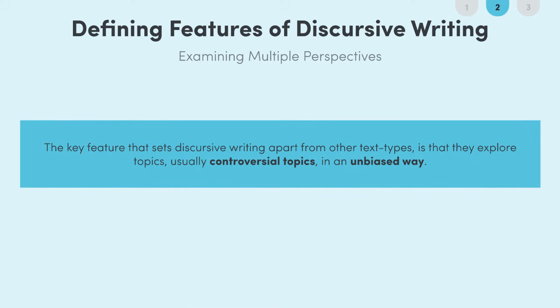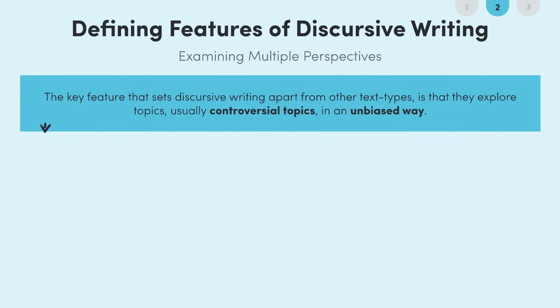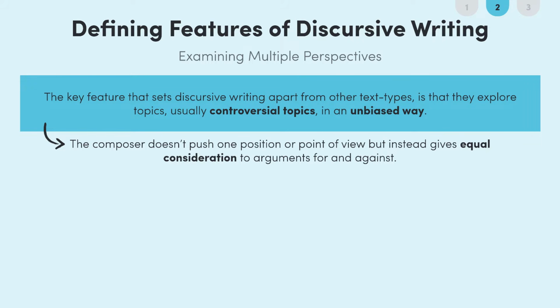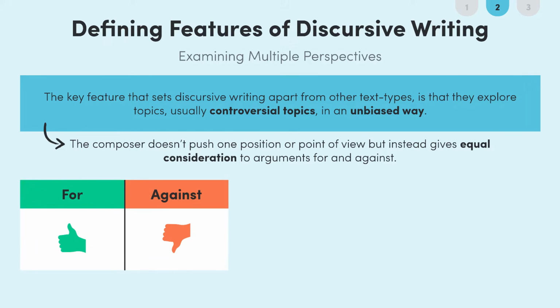The key feature that sets discursive writing apart from other text types, like essays and persuasive texts, is that they explore topics, usually controversial topics, in an unbiased way. So basically, the composer doesn't push one position or point of view, but instead gives equal consideration to arguments for and against.